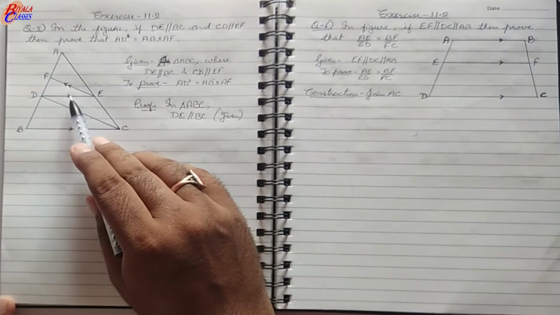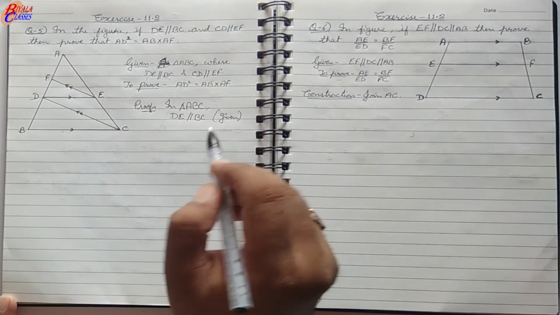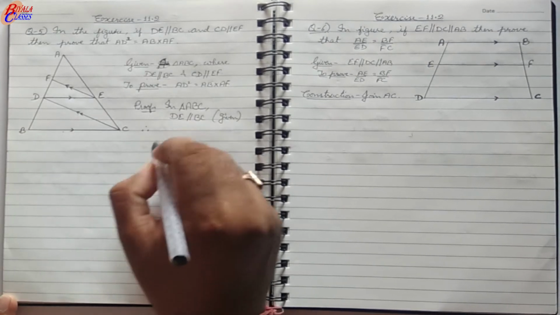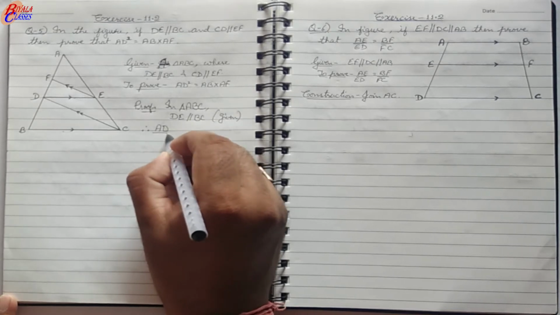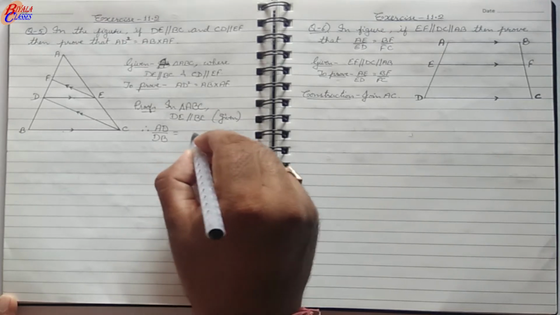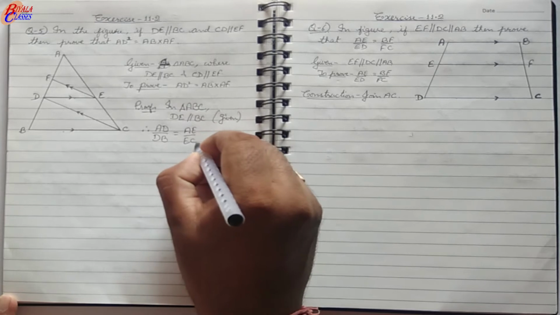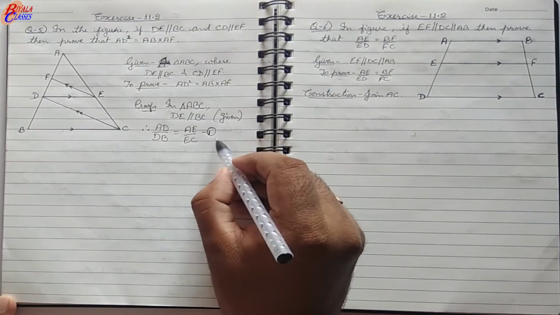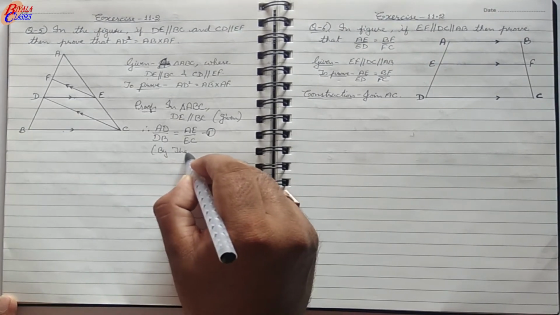Now in a triangle, if we draw one line parallel to one of its sides, then you remember the theorem, the Thales theorem, the basic proportionality theorem. Using it, what we have? That it divides the other two sides in the same ratio. So using it, AD upon DB is equal to AE upon EC. Let's take this as a first result, first equation, and it is by Thales theorem.